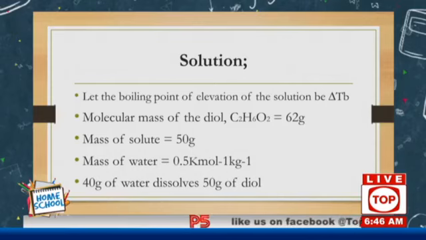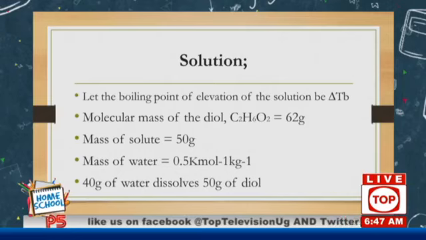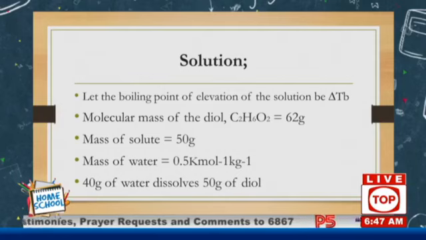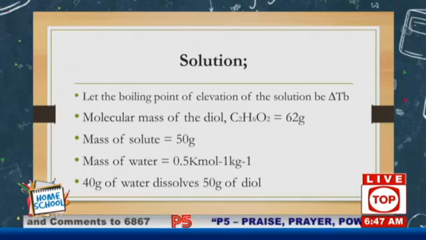This is A level, so we are not going to look at how to calculate it. Mass of the solute is 50 grams. Mass of water is also given. That one is supposed to be the boiling point elevation constant.